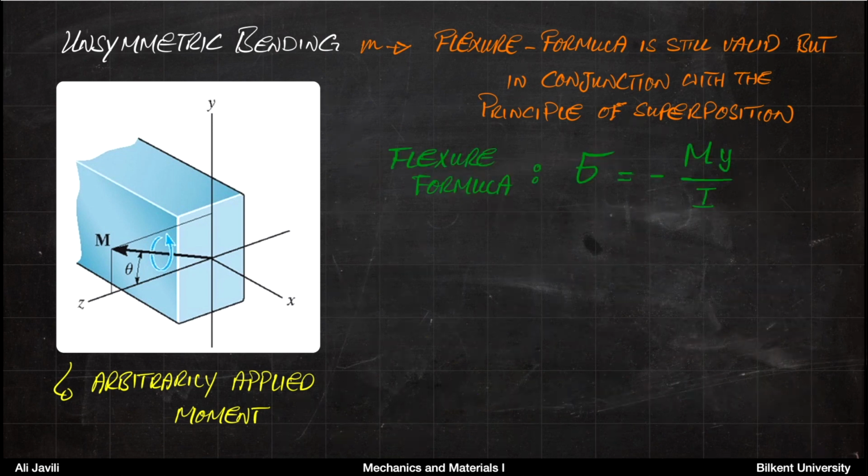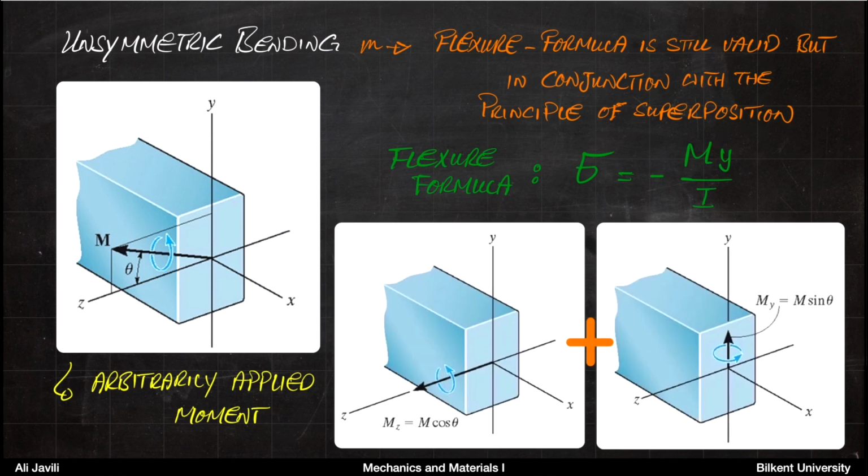Again, the point of departure is our flexure formula, sigma equals minus My divided by I. But what we want to do next is to split the system, as we did with superposition, into two systems. If you think of the moment M, it has two components.